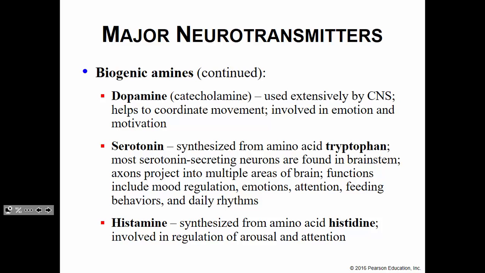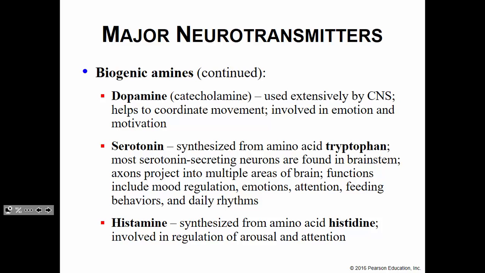And then there are the 2 other biogenic amines that are not catecholamines. Serotonin is made from the amino acid tryptophan. And we find most of the neurons that secrete serotonin in your brain stem. And then the axons project all over the brain.